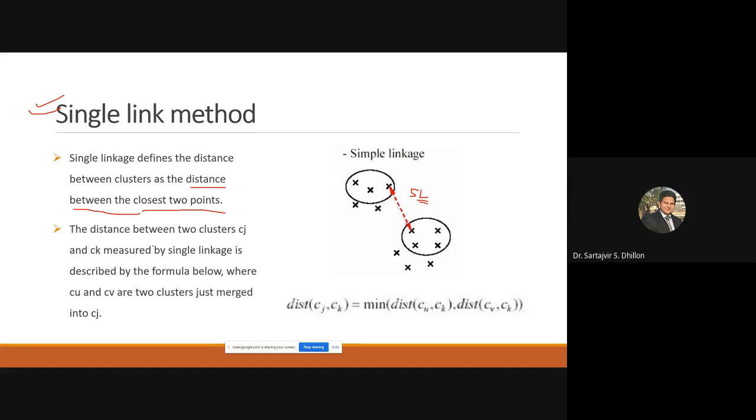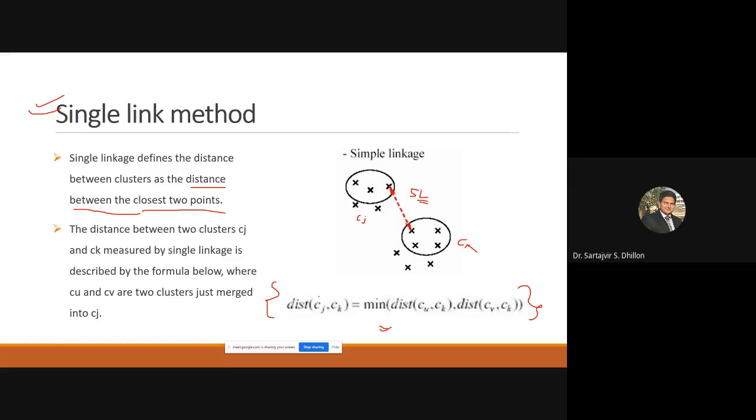In another, the distance between two clusters, in this case defined as CJ and CK, measured by the single link is described by the formula given here, where the two clusters are merged together. The basic equation is to identify the distance between these two clusters.